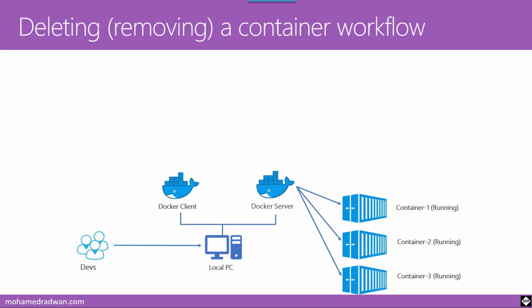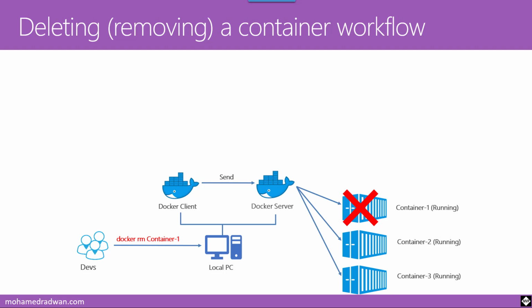Let's look at the workflow of deleting or removing a container. The developer executes docker rm container1, which is the name of the container. The Docker client will send that to the Docker daemon. In this case, the Docker daemon will not stop the container. It will completely delete it.